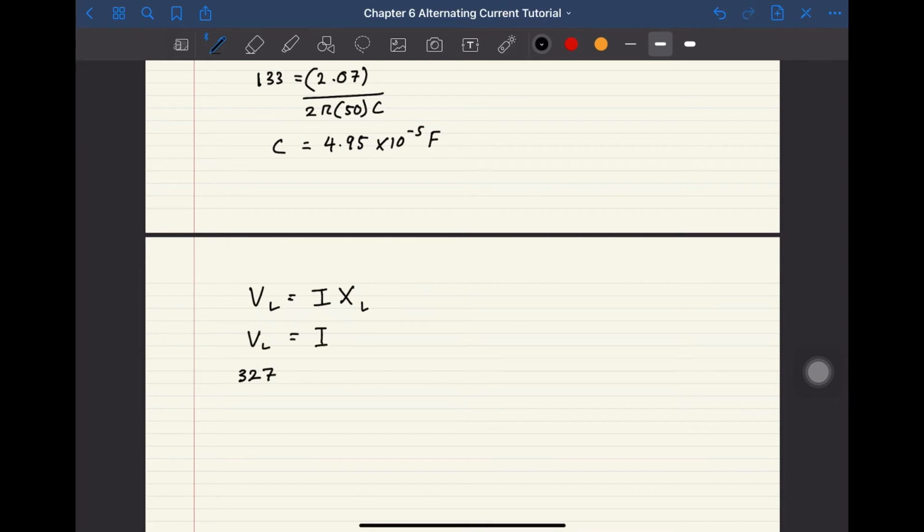IRMS times XL, where XL is equal to 2 pi FL. So IRMS is 2.07, times 2 pi 50 L. So the L here would be equal to 0.503.